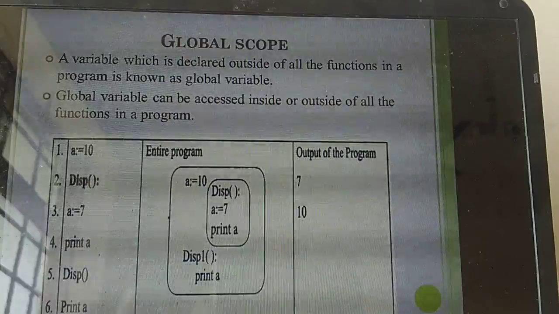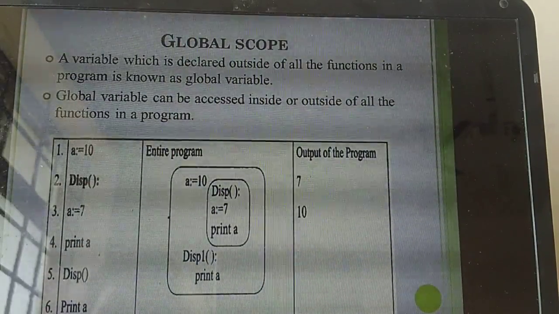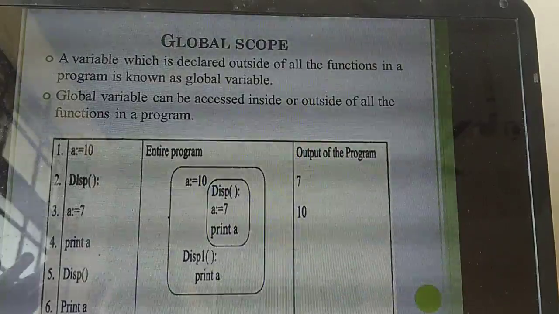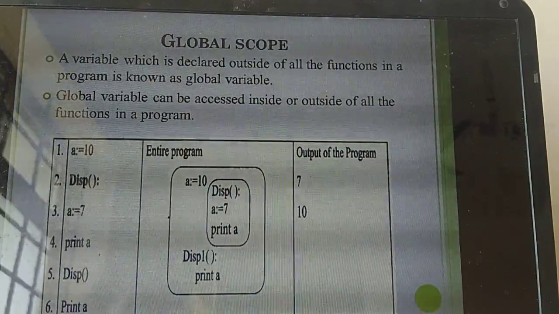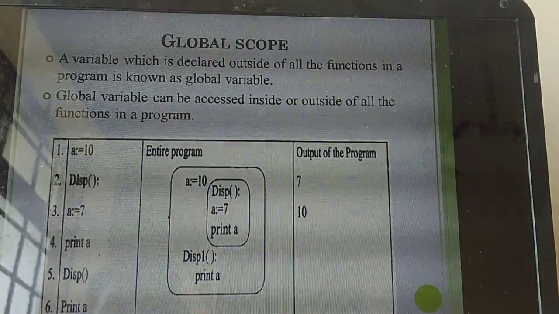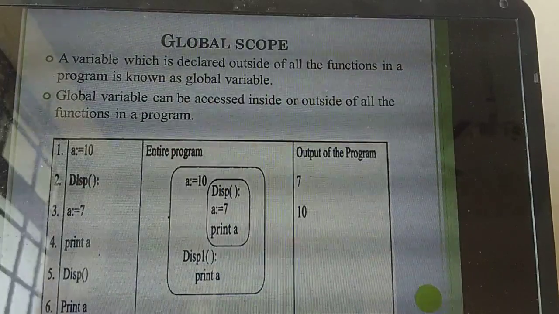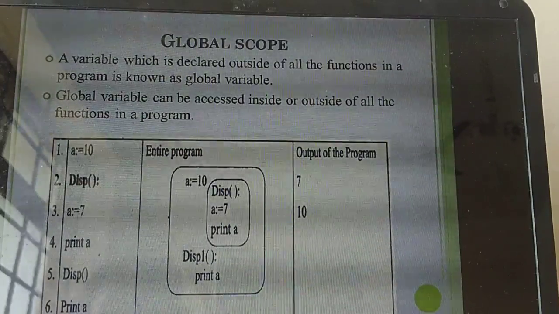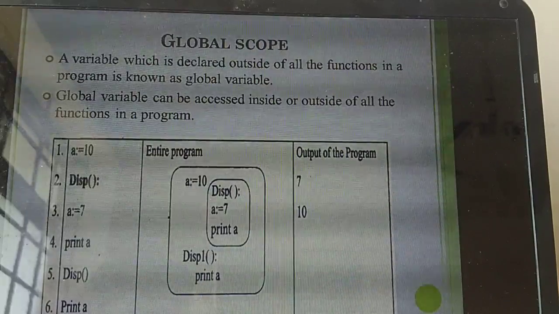Next, what's the next thing? Global scope. Global scope is just the opposite of this. It is a variable which is declared outside of all the functions. Variables declared outside all the functions we call global variables. Local scope means the variable can be accessed only inside the function alone and can't be accessed outside the function.